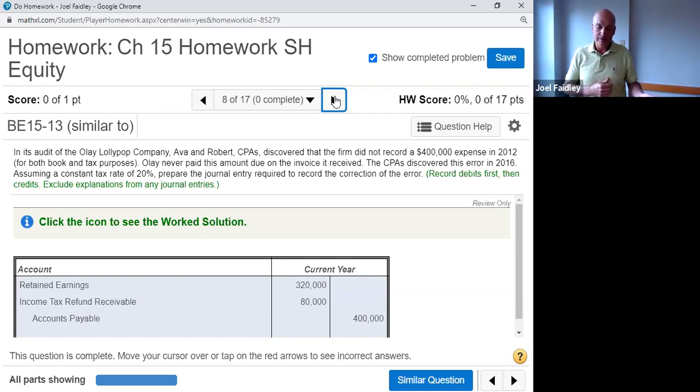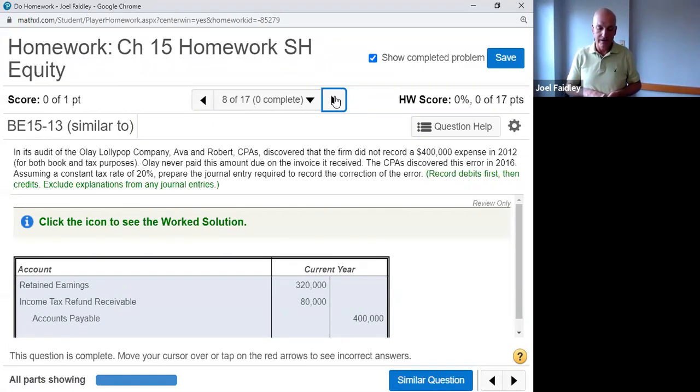But if that's an expense, right? If you found that in the year before the books were closed, this entry would just simply be debit expense for $400,000, credit accounts payable $400,000. But the books are closed. Expenses and revenues have been zeroed out to retained earnings. So we have to put the net of tax against retained earnings.